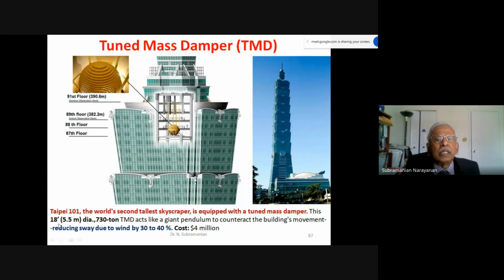This tuned mass damper is 18 feet, that is 5.5 meters, in diameter and weighs 730 tons. It acts like a giant pendulum to counteract the building's movement, reducing sway due to wind. Though it is used to reduce wind effects, it was also found to reduce earthquake effects. And the cost is $4 million.